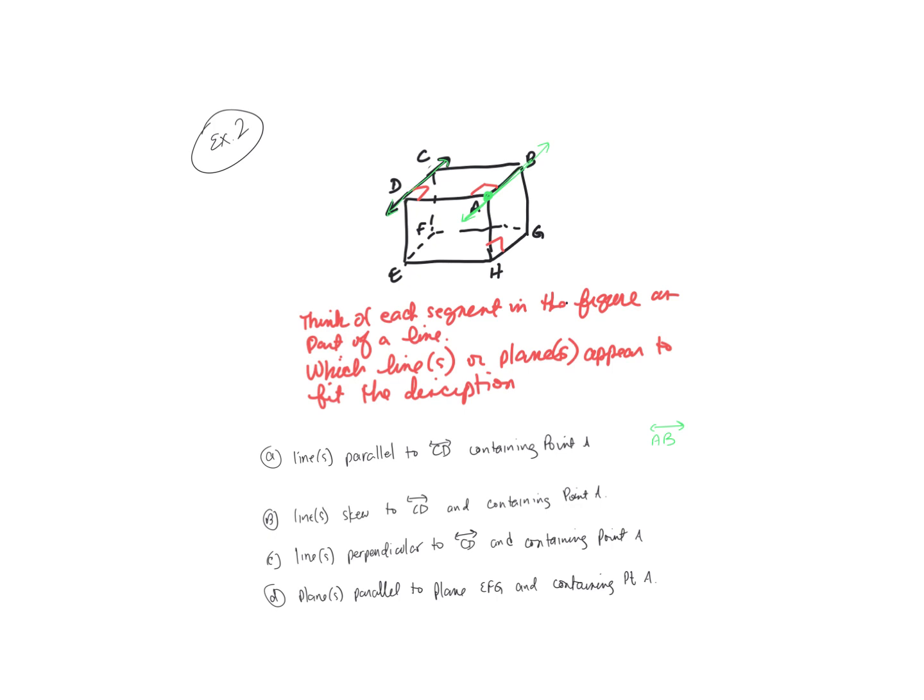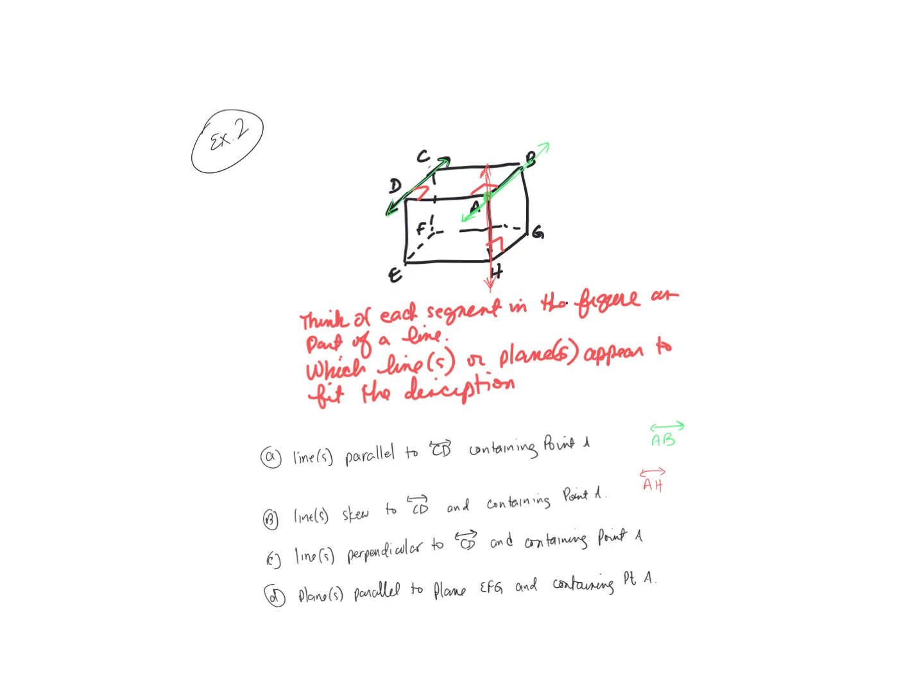So the only line that is going to go through point A that is not going to touch CD is going to be AH. The reason I know that is because AH is non-coplanar and non-parallel. And so that's the line that they're talking about in this problem.